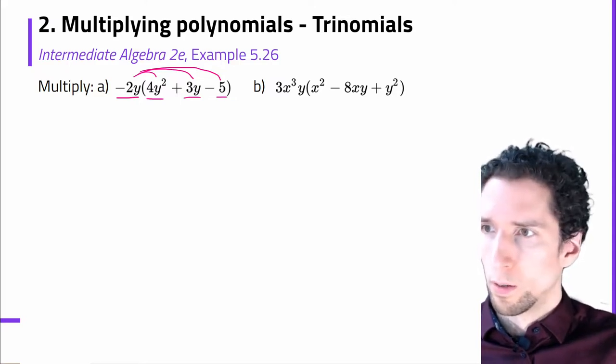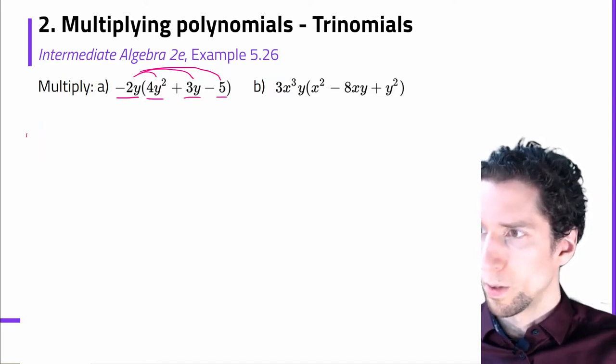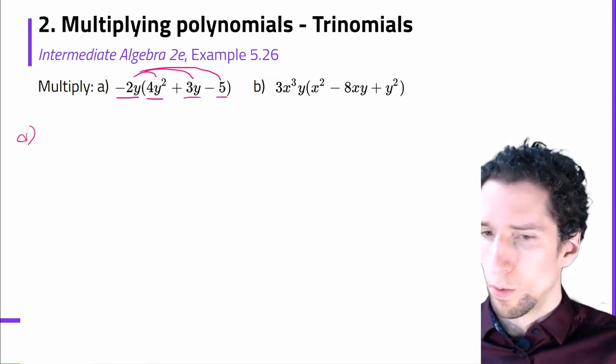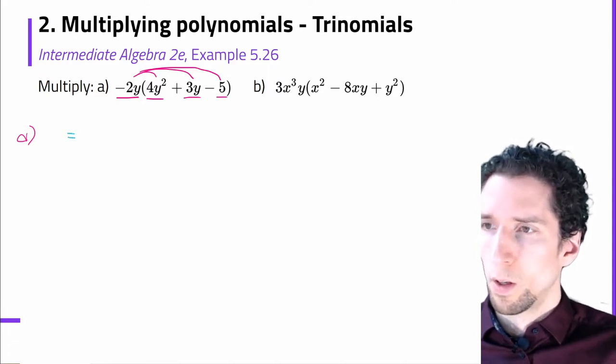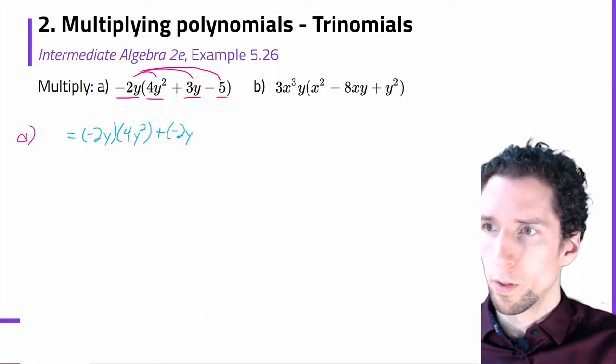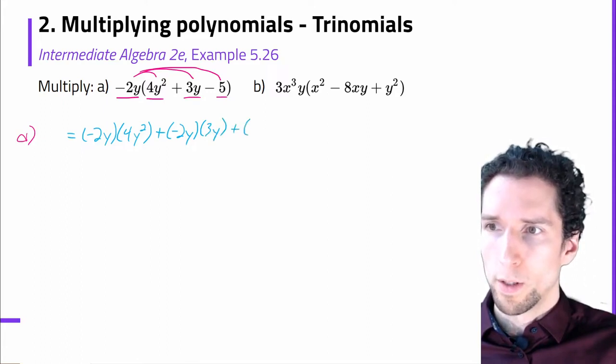So for A here, our first line here will be this -2y times 4y squared. Just writing this with lots of detail for this first one. -2y again times 3y and -2y times -5 here.